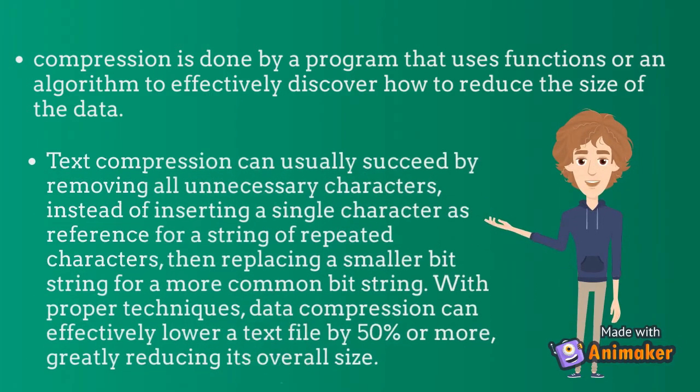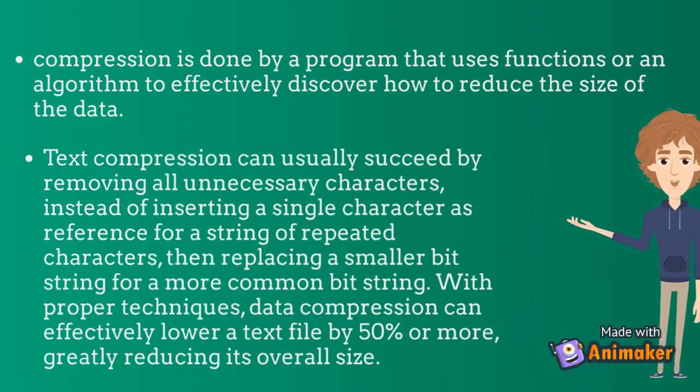Text compression can usually succeed by removing all unnecessary characters, instead of inserting a single character as reference for a string of repeated characters, then replacing a smaller bit string for a more common bit string. With proper techniques, data compression can effectively lower a text file by 50% or more, greatly reducing its overall size.